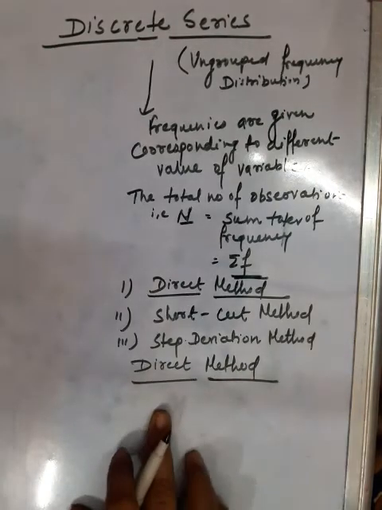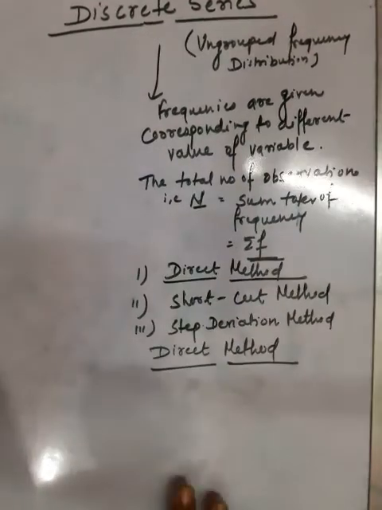How can we calculate mean in direct method in discrete series?